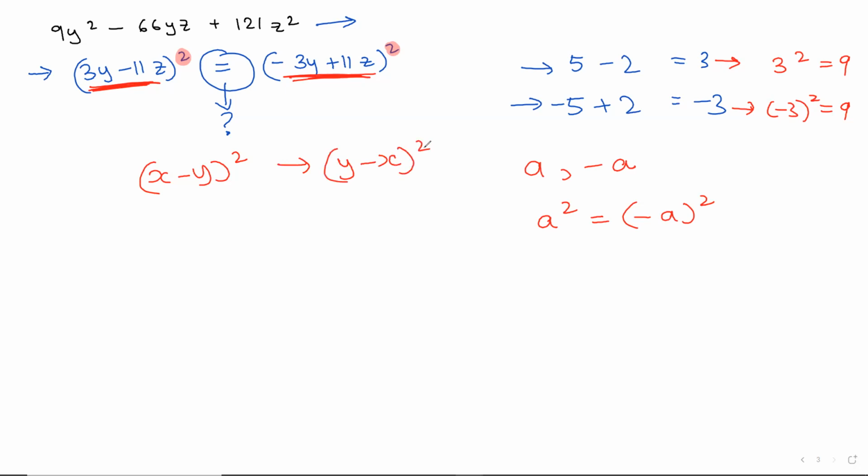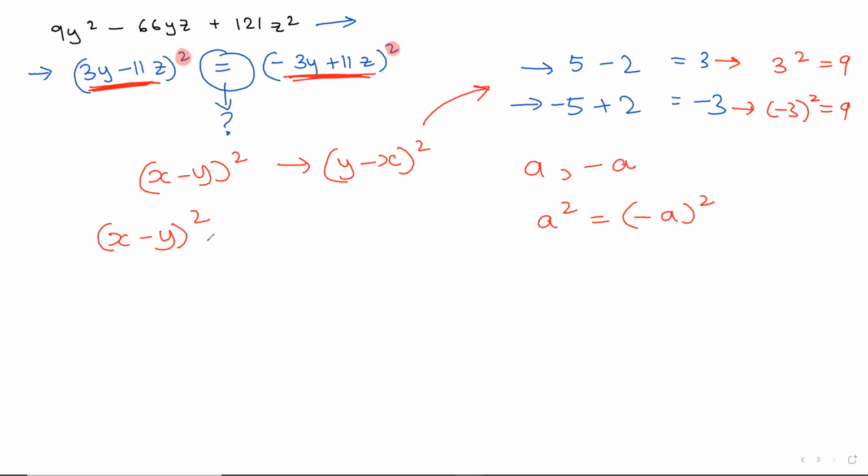Okay, and why is that possible? You can see this is one example, but just to prove it a little bit to you guys, how is this possible? Well, you can say x minus y, from here, this is x minus y whole squared.